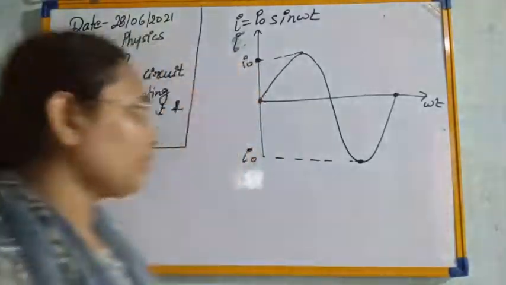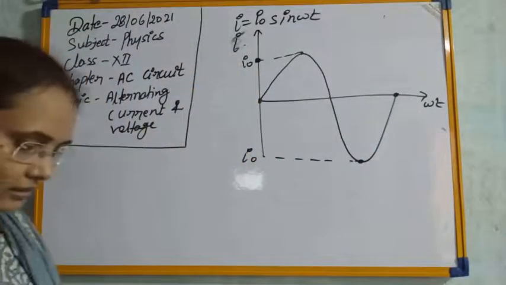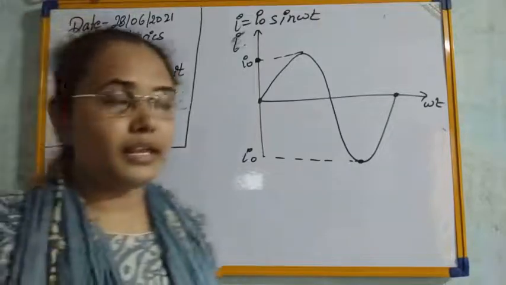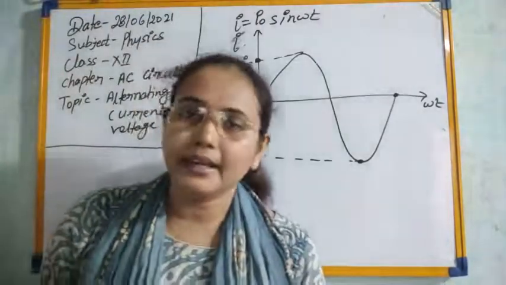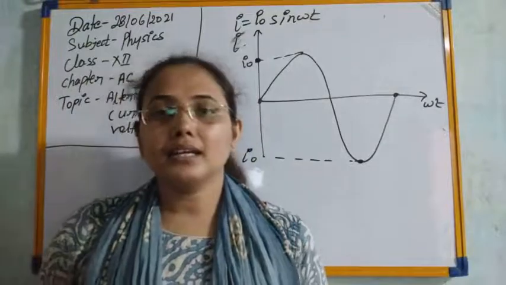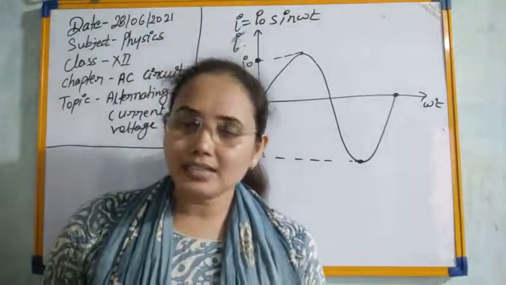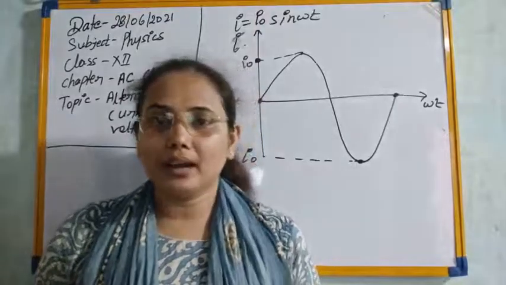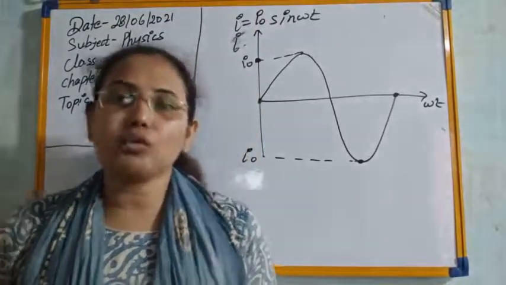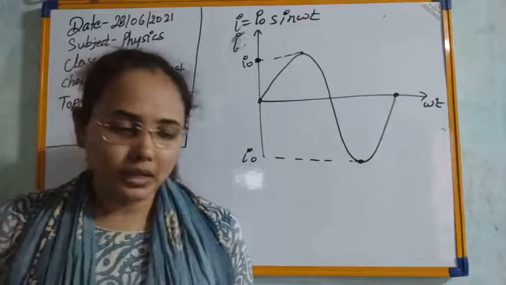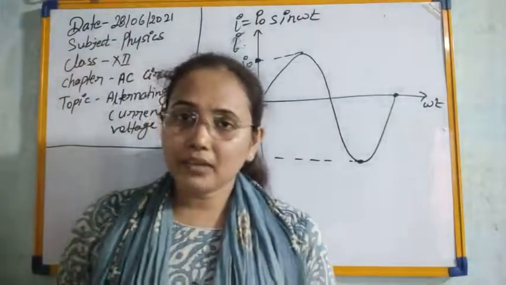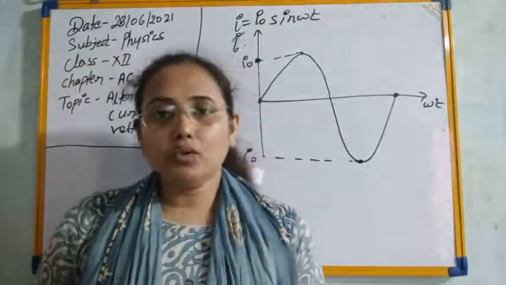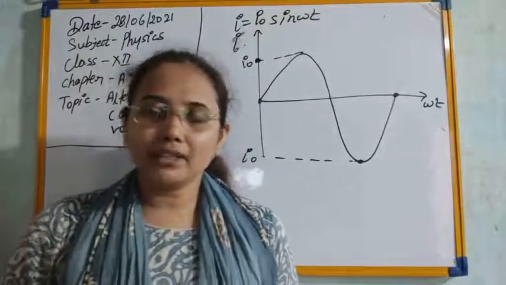Now let us find it in the case of alternating current. Alternating current is obtained by the rotation of the coil. If you start rotating the coil, first we keep the coil at theta equal to 0, meaning the angle between the area of the coil and the external magnetic field is 0.